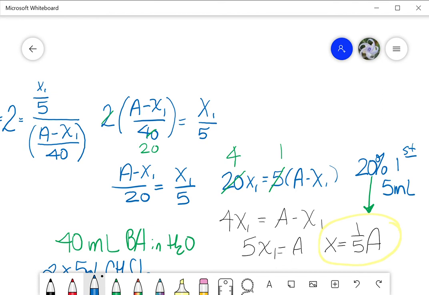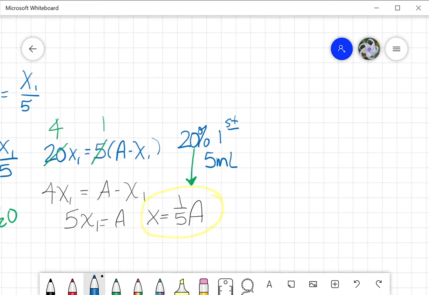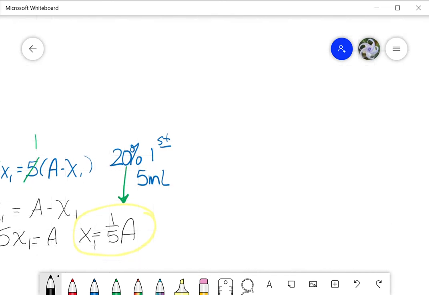So let's do this again. And we need to continue our calculation because now we have an x1 value. Now we need to repeat our calculation. And now we're going to use the symbol x2. And our denominator is going to be a little adjusted because some of our benzoic acid is gone.